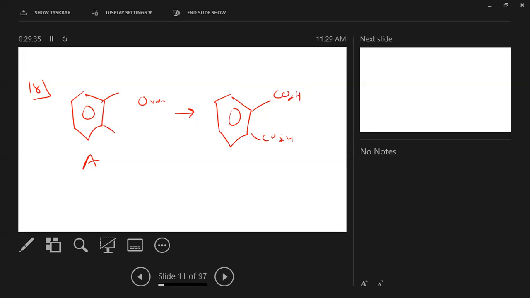Now here's a good one. For question 19, they give you something similar, and they want us to draw it. Well, at all benzylic carbons, we're going to draw carboxyl groups. So let's do that.